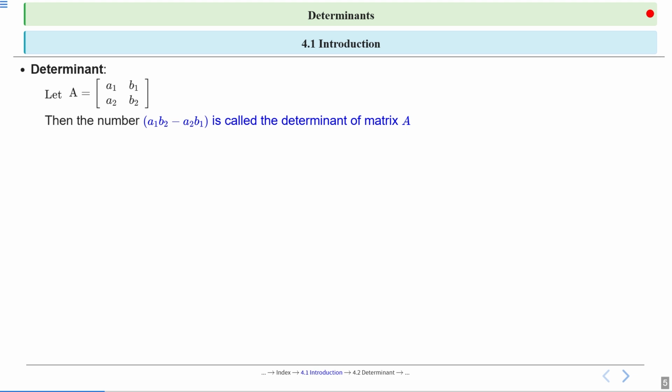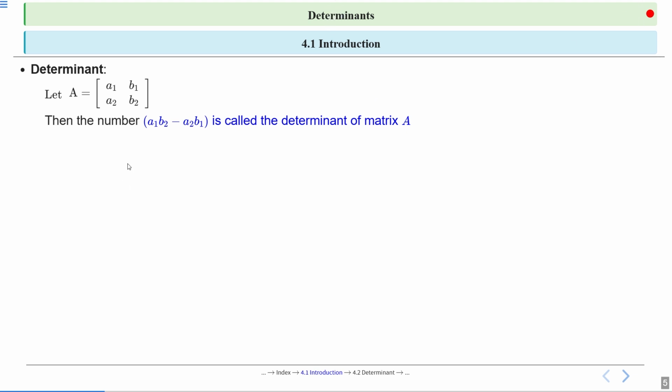Okay. So if A is a 2 cross 2 matrix, meaning 2 rows and 2 columns, where rows are horizontal, a1 b1 is the first row and a2 b2 is the second row, and the first column is a1 a2 and the second column is b1 b2, then the number a1 b2 minus a2 b1 is called the determinant of matrix A. Okay.